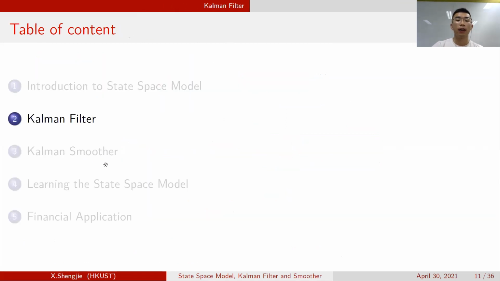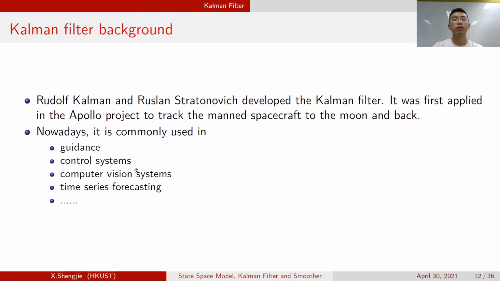So let's get into the details of the Kalman filter. The Kalman filter was first designed by Kalman and also a Russian physicist, and it was first applied in the Apollo project, where it was used to track the manned spacecraft.